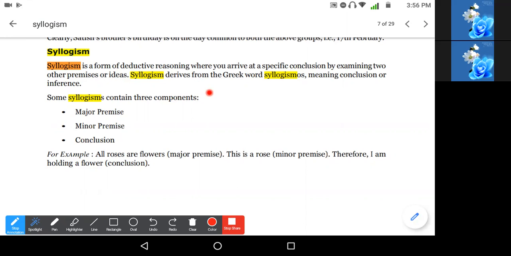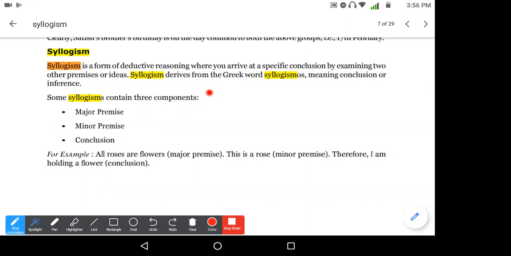That is known as syllogism. Now syllogism is a Greek word, and it means conclusion or inference. So coming to a conclusion or coming to a fair idea about what we are trying to say to the people, that will be called syllogism. Now in syllogism, you'll have 3 major components.